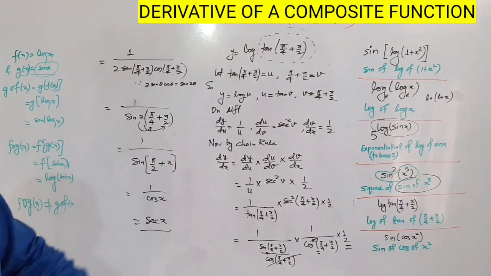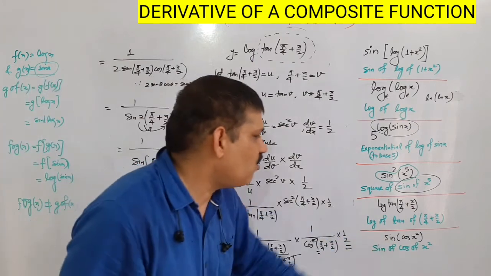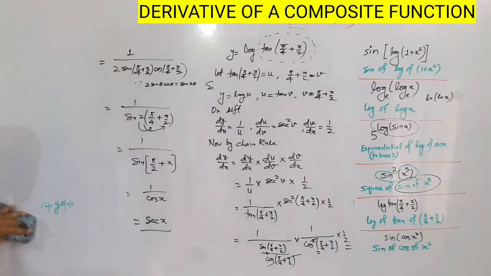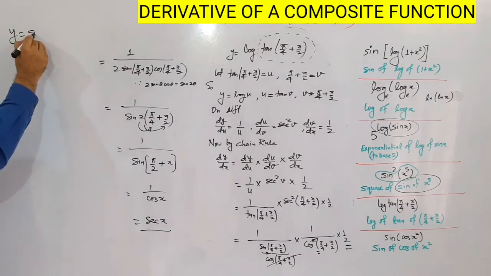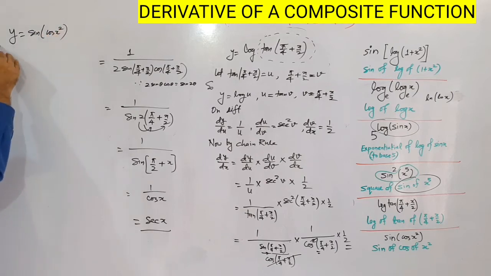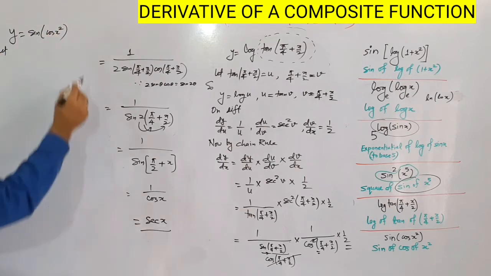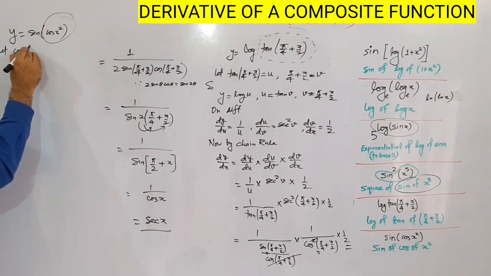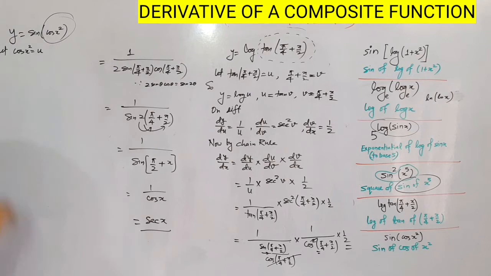Let's take the last one written here, sine of cos of x square. So y is equal to sine of cos of x square. When we read it out, sine of some variable. So this variable cos of x square will be treated as u.